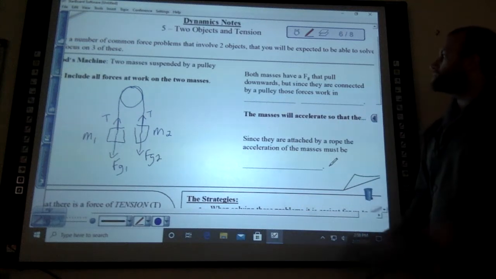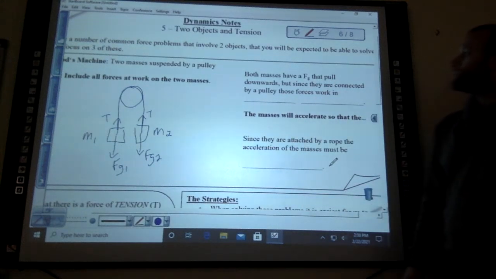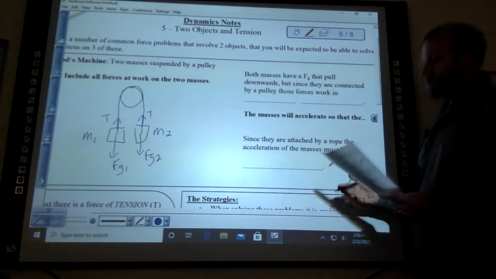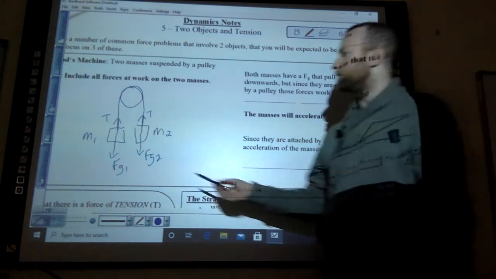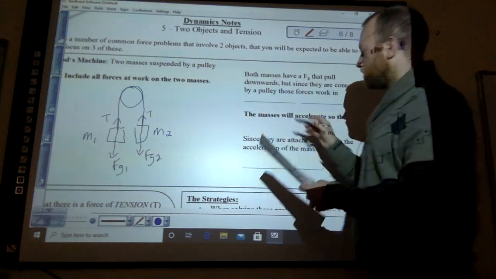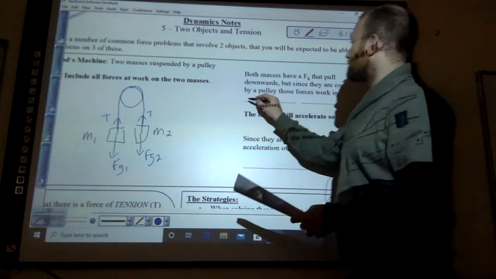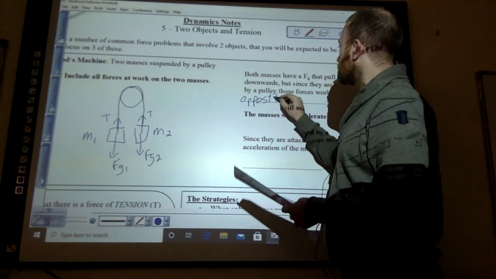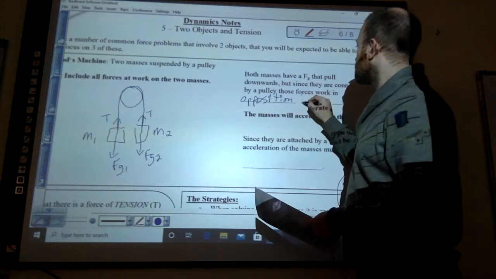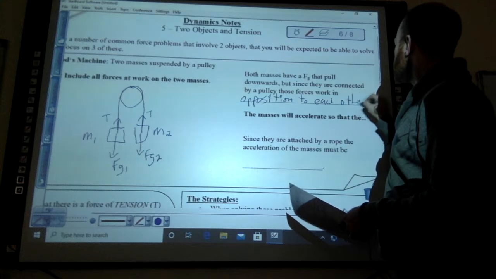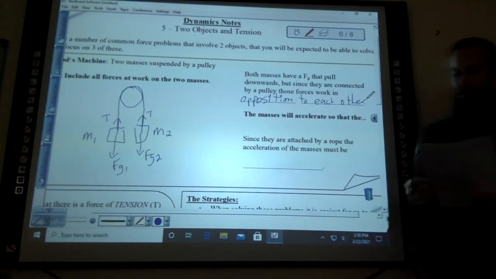So like I said, FG is both downwards. They're both connected by the pulley. So those forces are going to work in opposition to each other. So F1 and F2, they're fighting over which one's going to win. And whichever one's bigger, that one's going to accelerate.